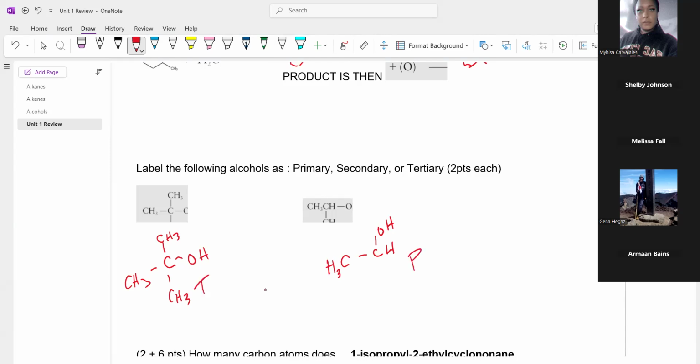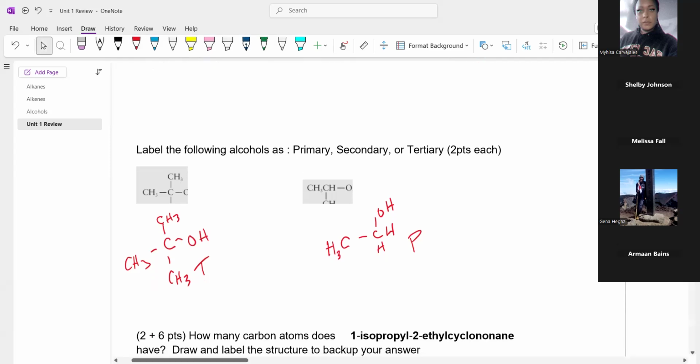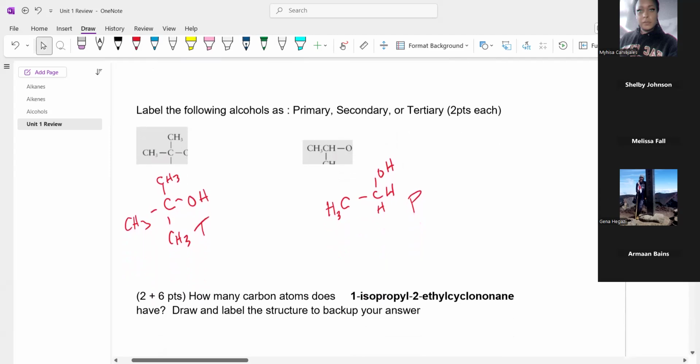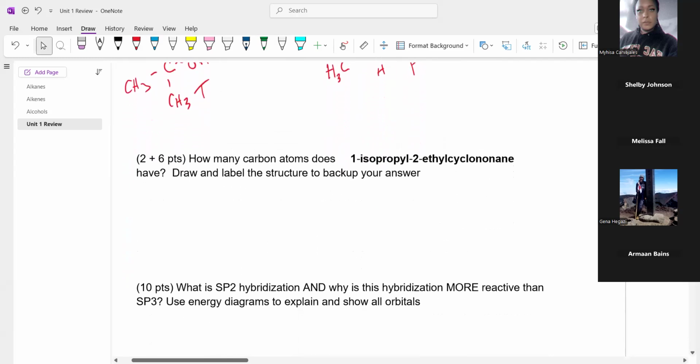This is going to be primary. Did you miss a CH3 on your second drawing? Oh, there we go. Yeah, just left off the hydrogen. Okay. All right. This is kind of a pain.